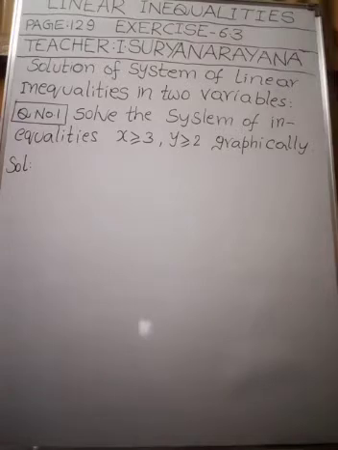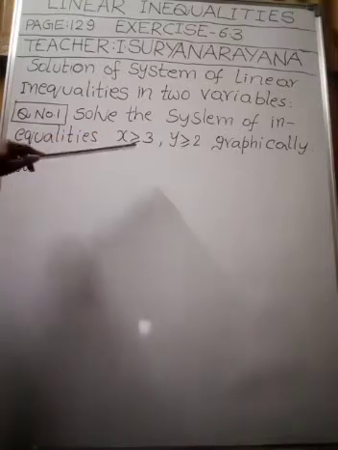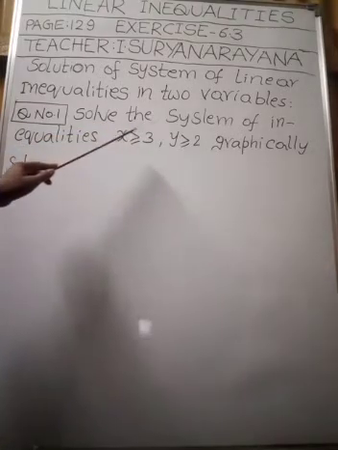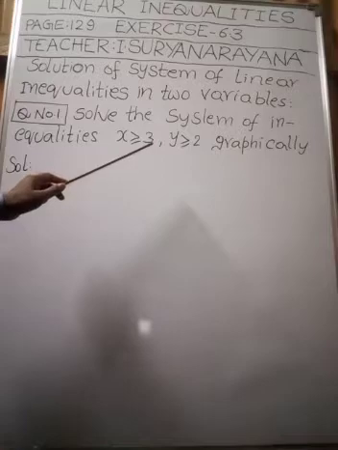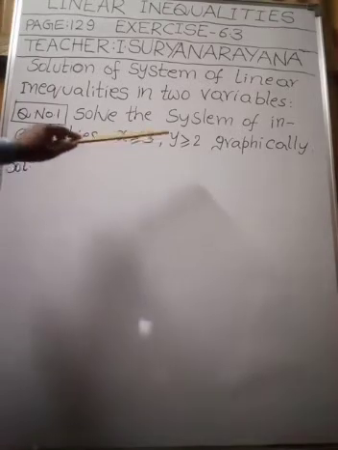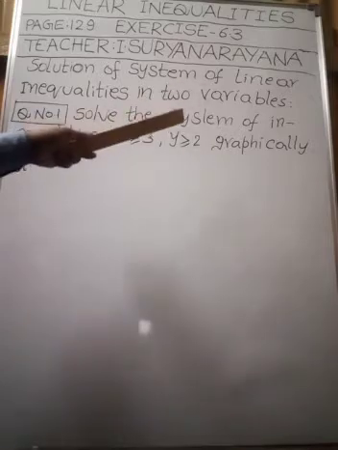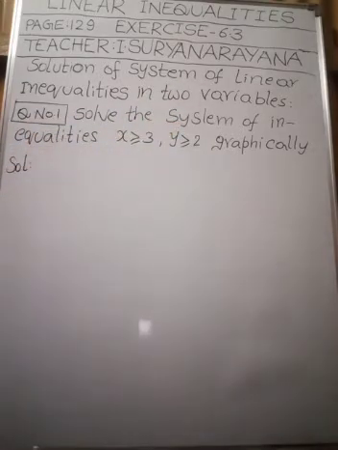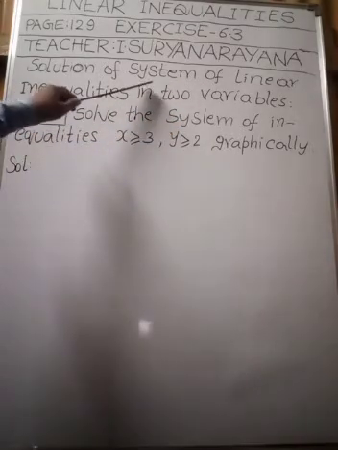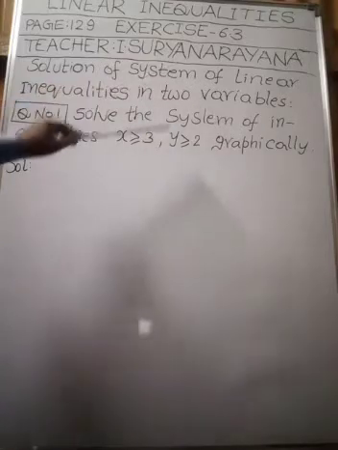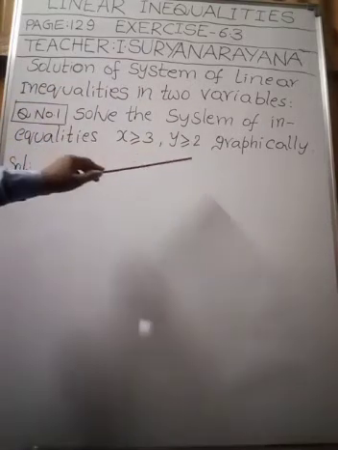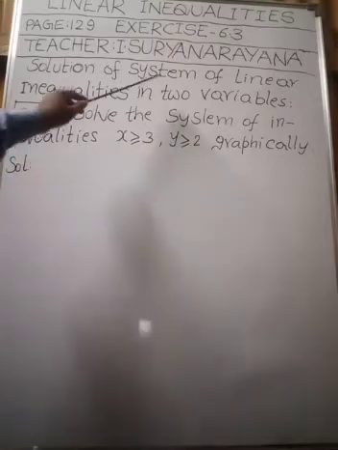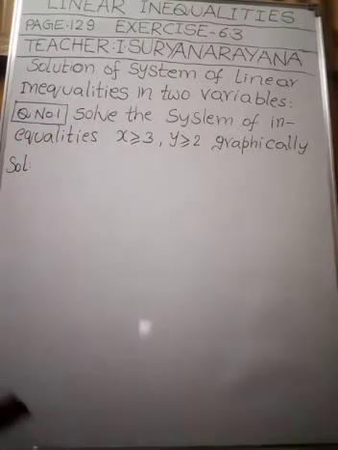Now we will be given two linear inequalities in two variables, not only two, more than one. Then that is said to be a system of linear inequalities.